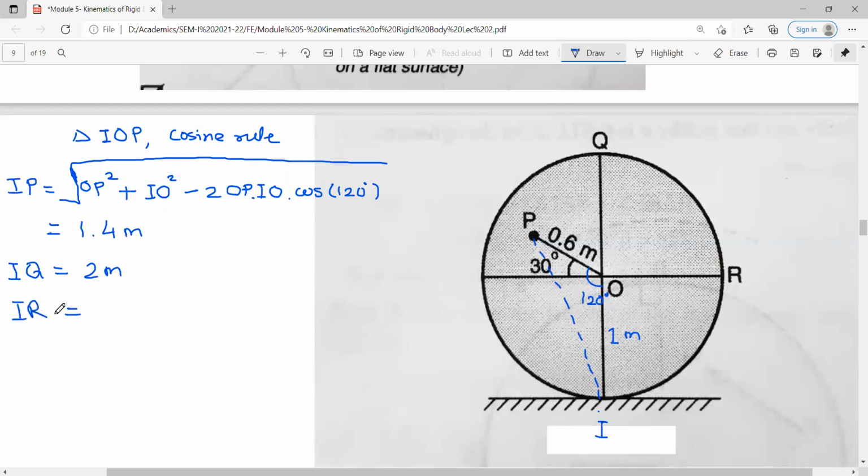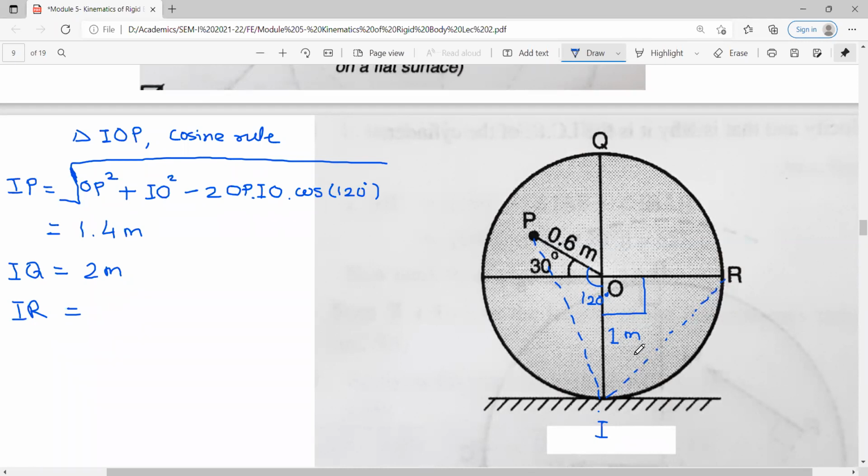So in order to find IR, join the point I and R. Join them. You know this angle is 90 degree. And you can see that triangle IOR becomes a right angle triangle. You can use Pythagoras theorem to calculate the length of IR.